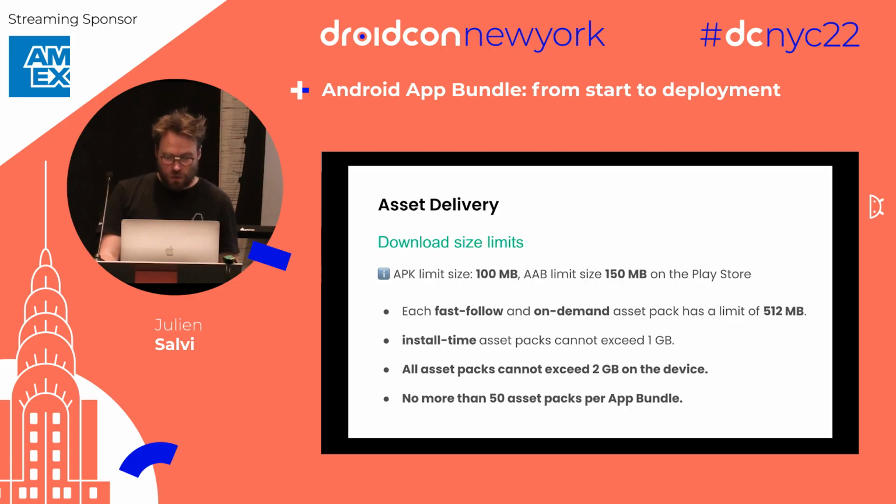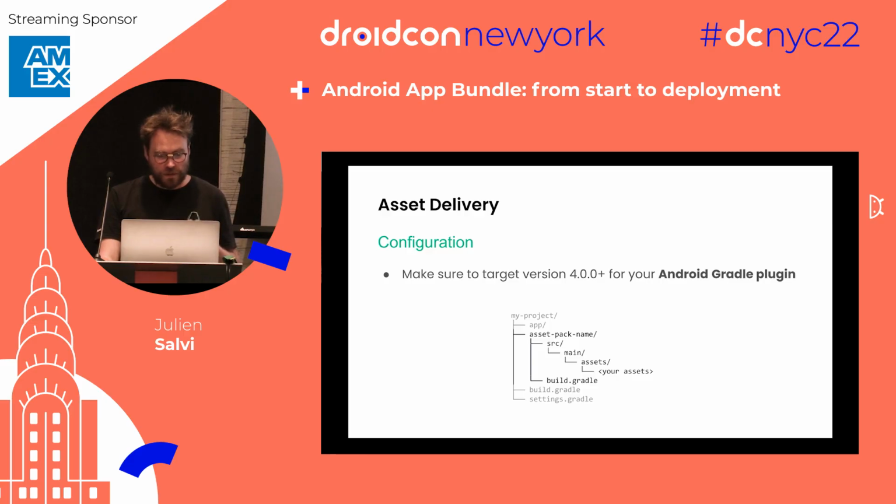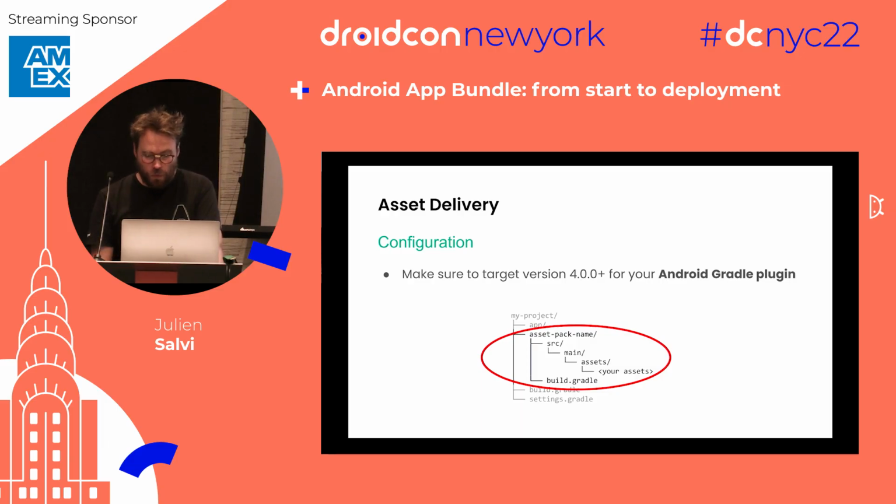Okay, so let's see how we can configure our new asset delivery package. You're going to create a new module called your asset pack, named as you want. In the assets folder, you put all the assets you need for your app, and then in your Gradle file, you put this configuration.